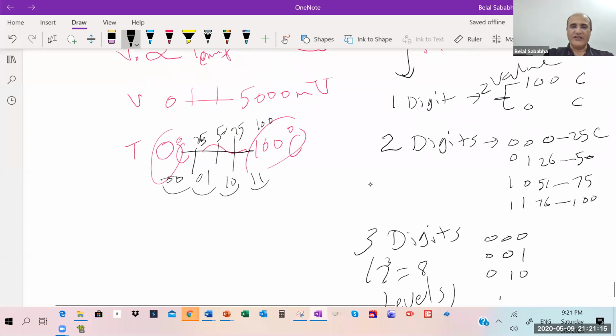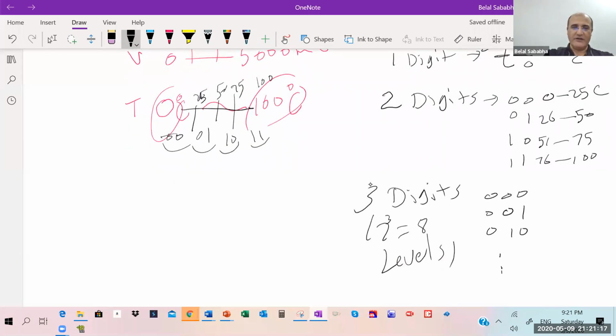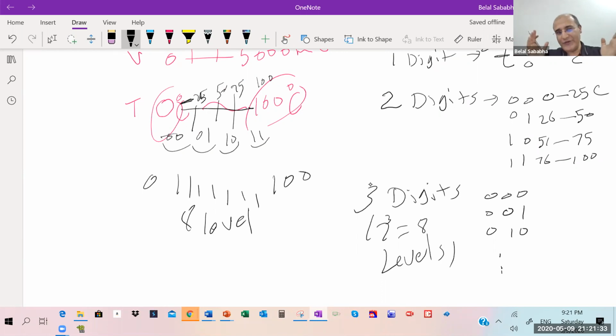If I can split the numbers from 0 to 100 into 8 levels, then the resolution that was 25 Celsius, you may have an error of 25, right? You could be at 0 and interpret it as 25 in the worst case.